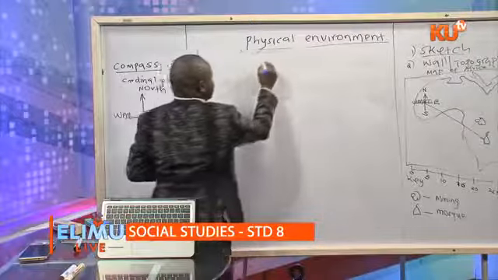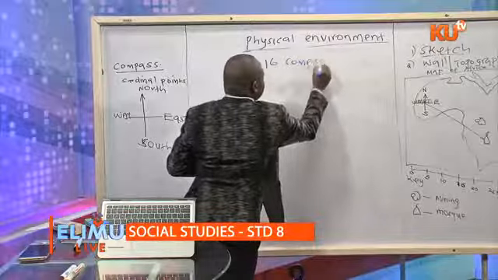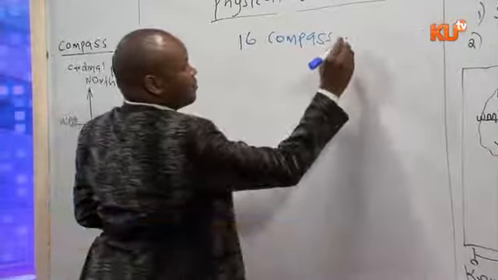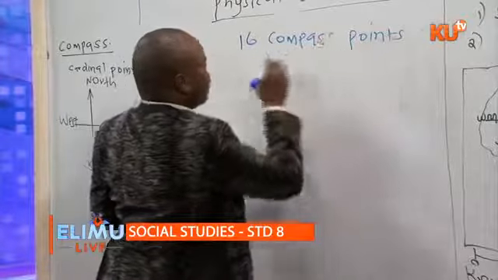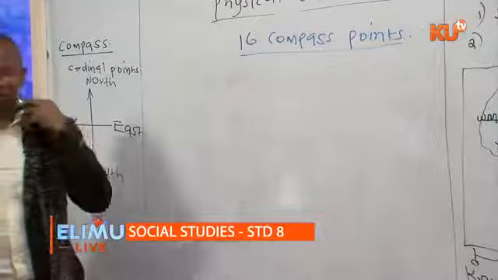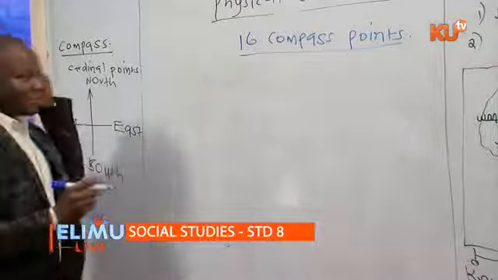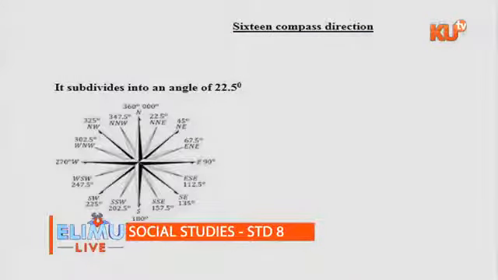For the 16 compass points, mark this one. The 16 compass points, you are going to see that we are going now to demarcate the 8 into other 8. Of course, the first one, it is this.